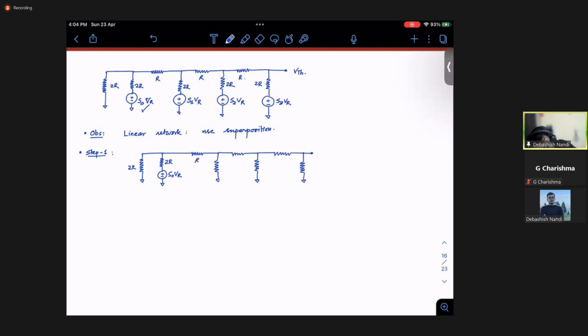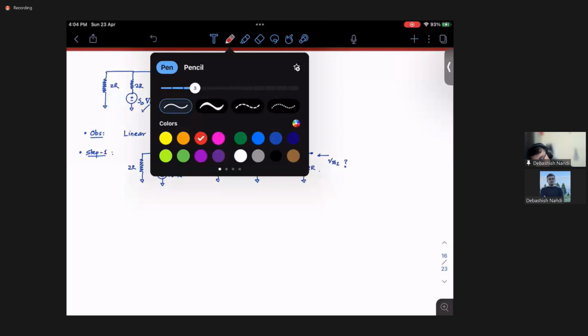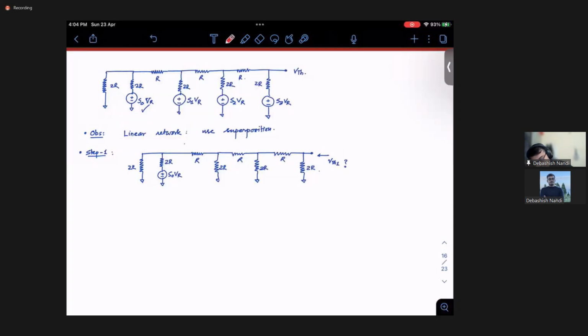So this would be your R, 2R, R, 2R, R, 2R. So how to get the Thevenin voltage at this, VTH1, say? What is VTH1? How can you solve it? You can solve it in this fashion. First, you consider this much of the network.